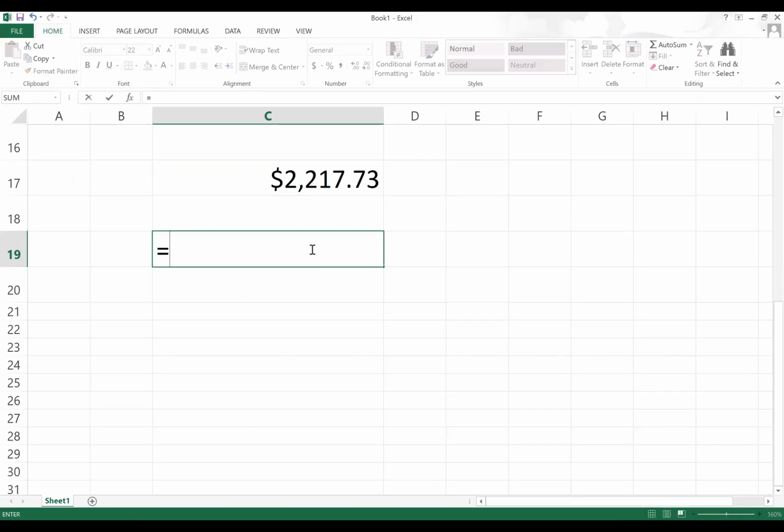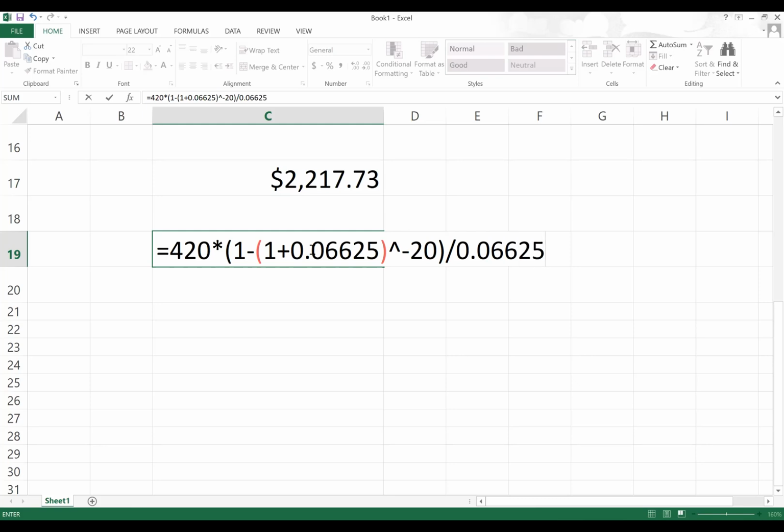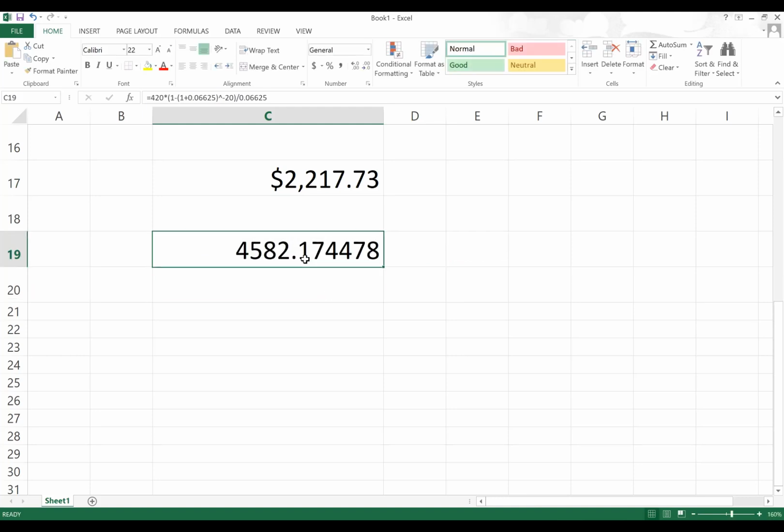So this is 420 times (1 minus (1 plus 0.06625) raised to the negative 20th power) as the numerator, divided by 0.06625. Once you have this, you just hit enter and get a result.